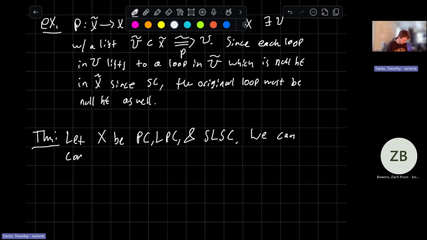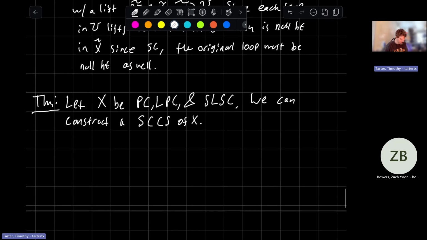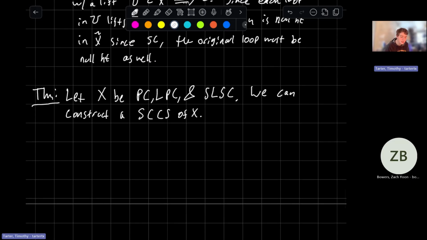Then we can construct a simply connected covering space of X. And I want to try and write this out in block bullets so that it's kind of an algorithm that we can refer back to.